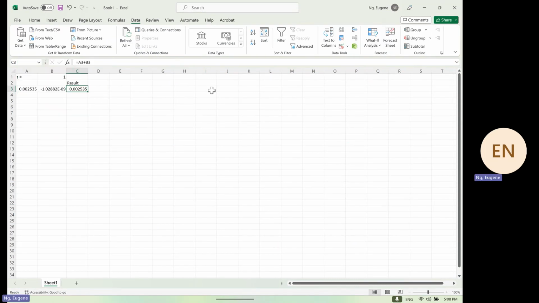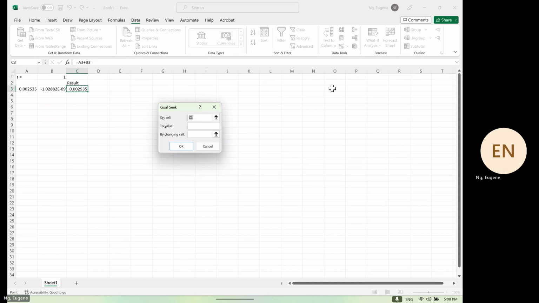You click Data, then you click What-If, then after What-If, you click Goal Seek. So the set value is the results that you have computed. You want these results to be equal to 0, by changing the time function.